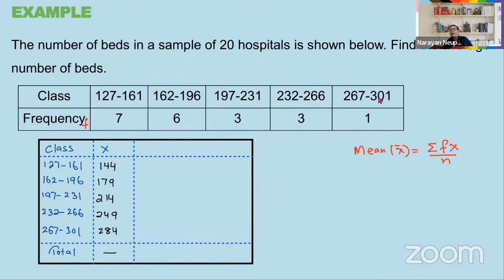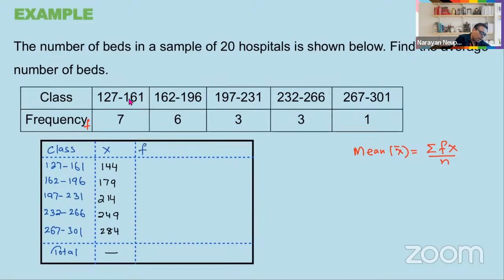So those are the x values. If the data is given with the class like this, x will not be given to you. X is the midpoint of the class. You add the lower limit and upper limit, and divide the sum by 2. Let me write those frequencies given. Frequencies are 7, 6, 3, 3, 1.